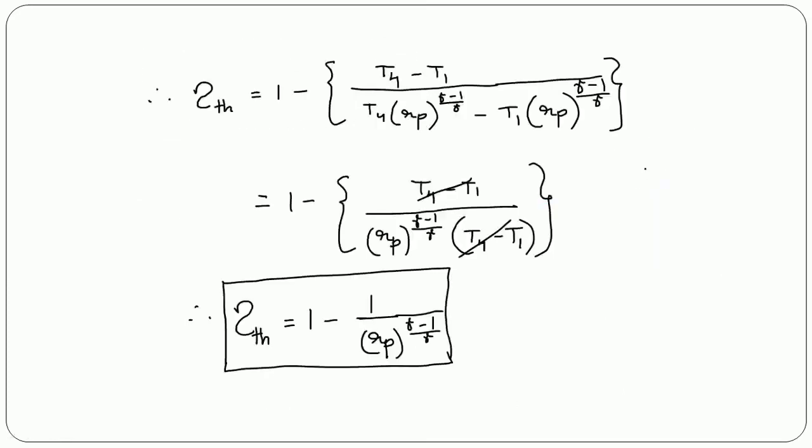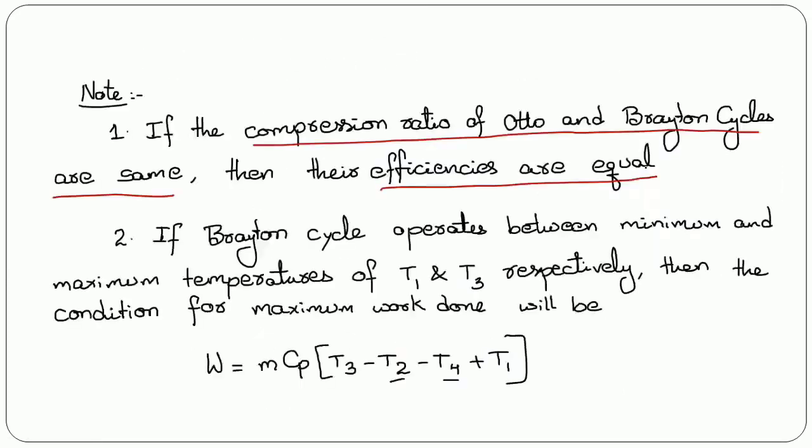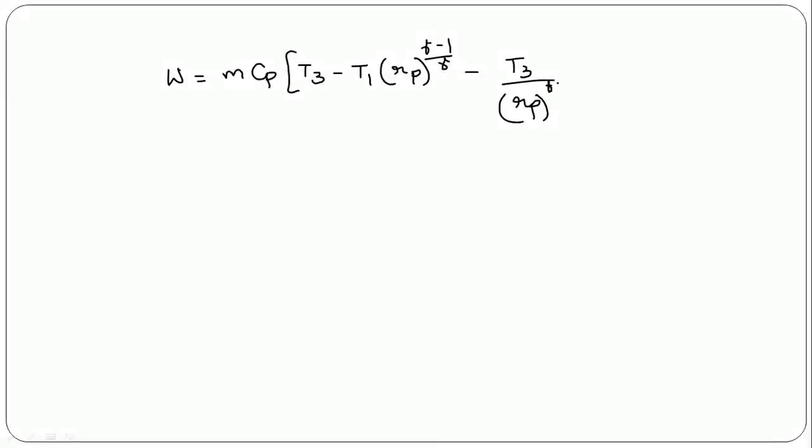Now if I substitute those values here, work done will be mCp into T3 minus T1 into Rp to the power gamma minus 1 by gamma minus T3 by Rp to the power gamma minus 1 by gamma plus T1.